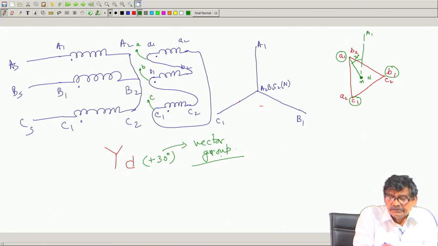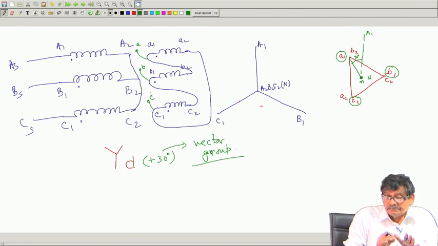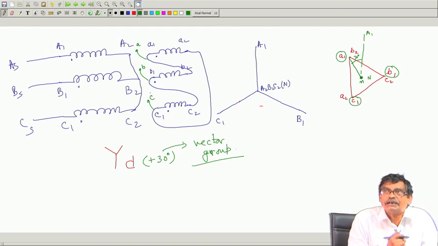So, the point is these dots must be ascertained separately, terminals are marked, be systematic, and then connect correct star and correct delta. 2 correct star connections are possible, either short A1 B1 C1 or short A2 B2 C2. Similarly, 2 correct delta connections are possible, either go this way after you have marked the polarities, or you go this way.